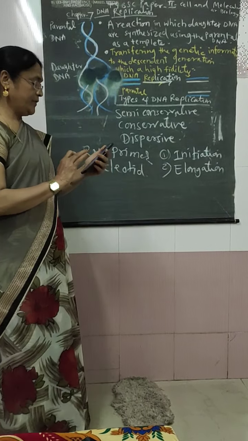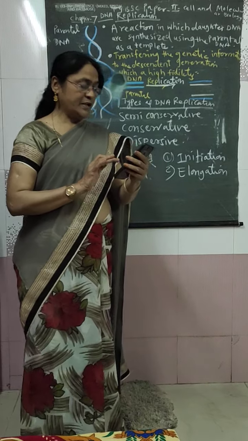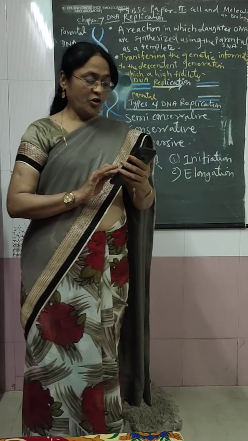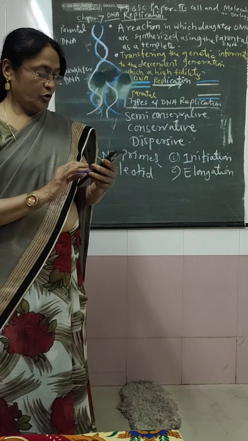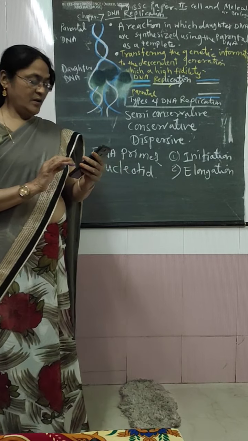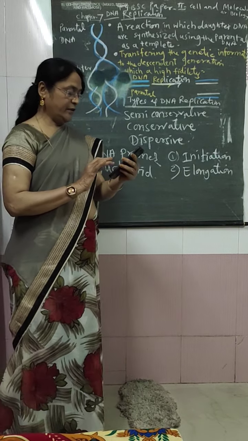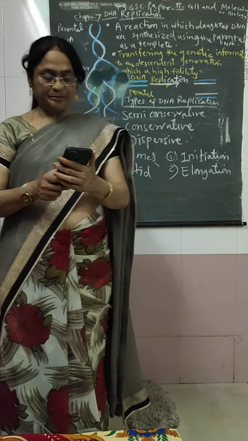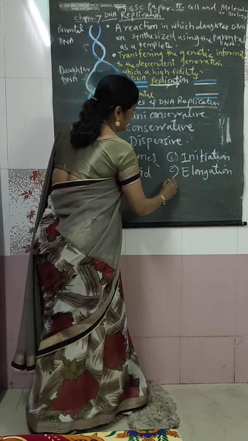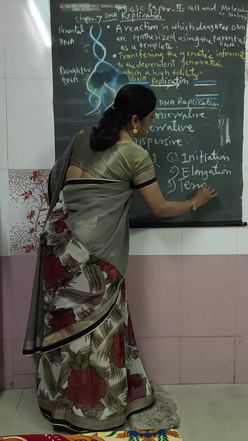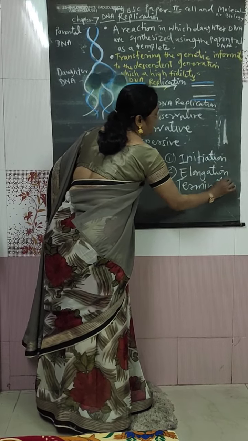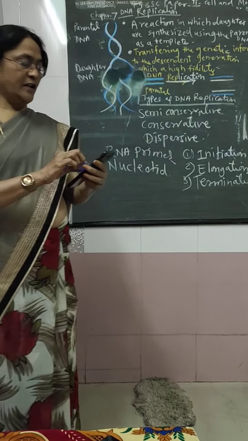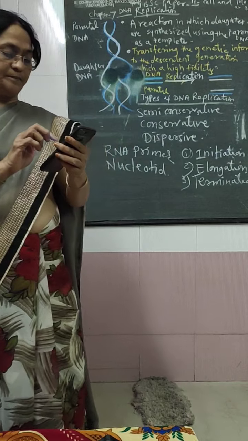Elongation involves DNA polymerase adding new nucleotides based on complementarity to the template strand, forming phosphoester bonds, correcting mismatched bases and extending the DNA strands. And the third one is called termination. After completion, the growth stops; that is called termination. These are the three stages of replication.